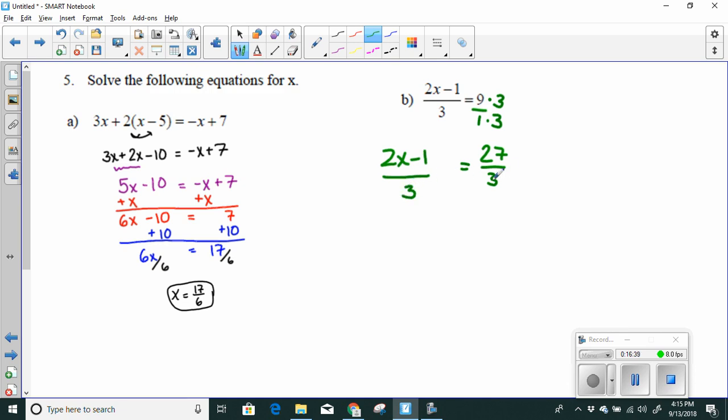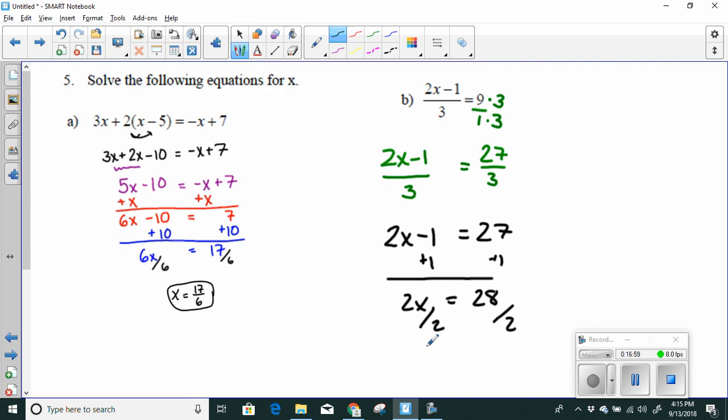Now that we have a common denominator, the numerators must be the same. So 2x minus 1 must equal 27. Adding 1, you get 2x equals 28. Dividing both sides by 2, x must equal 14. So that's one way to go about solving this problem.